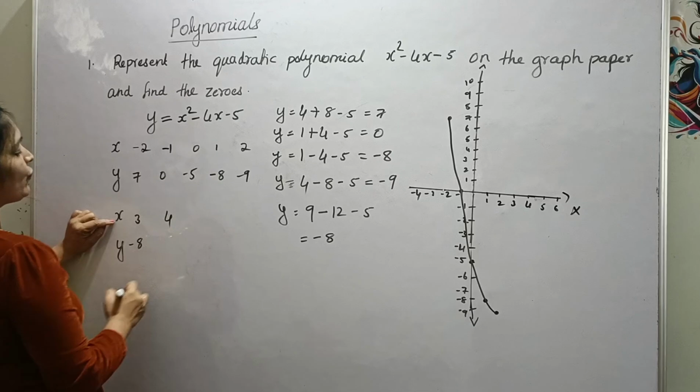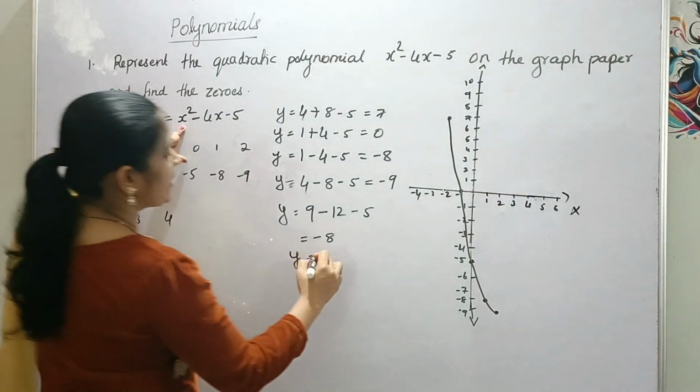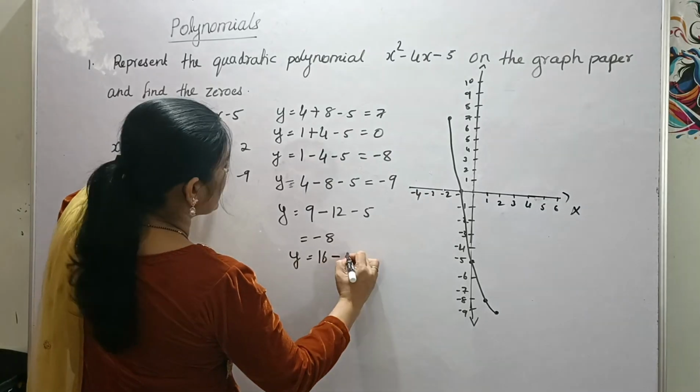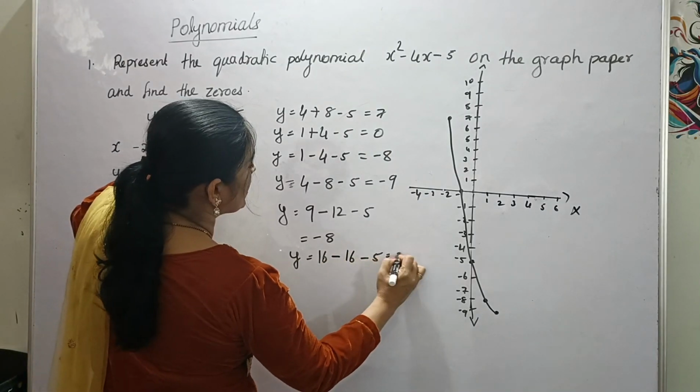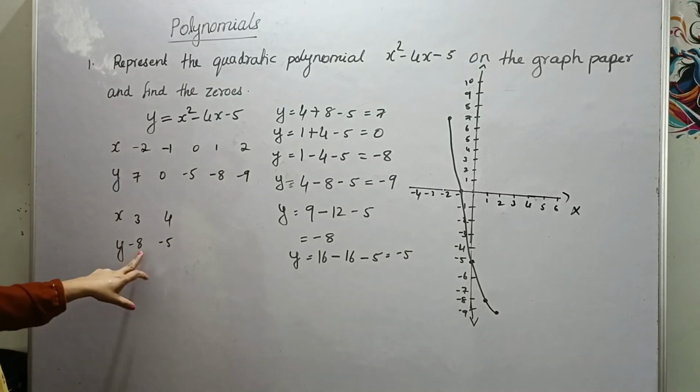When x is equal to 4, y is equal to 4 square, 16, minus 16, minus 5, that is minus 5. Now let's plot these points.